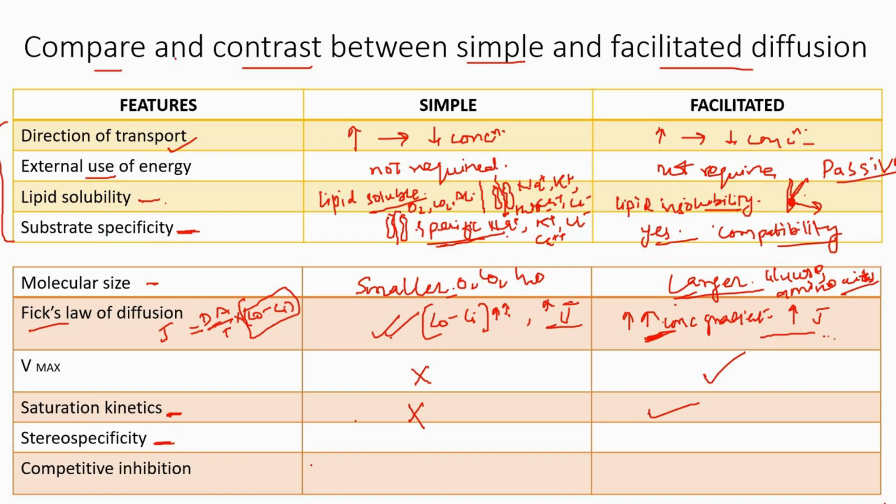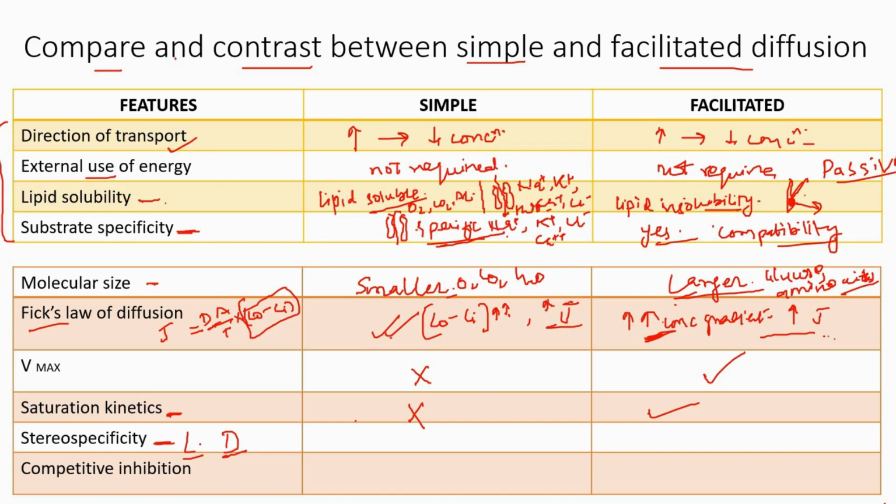Stereospecificity means, sometimes the molecules have two types of isomers which are called L isomer and D isomer. L stands for levo and D stands for dextro. So in which direction it rotates the polarized light, according to that the L and D isomers are there of a single molecule, which are mirror images in their structure.